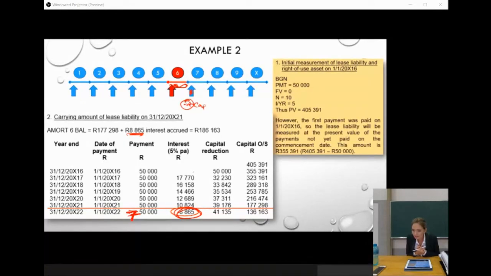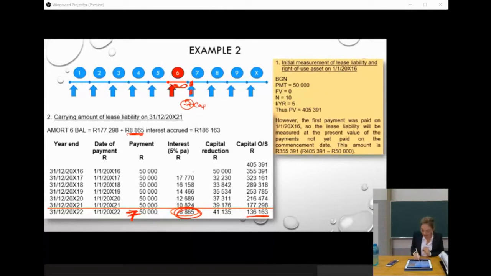Could we also do the amort 7 balance and add back the 50,000 payment? If you do the amort 7 balance, it's going to give us our balance after the payment has been made. So you cannot add back the 50,000... because you are then getting this balance, 136,163. Let me just get my calculator out to audit myself. 136,163.